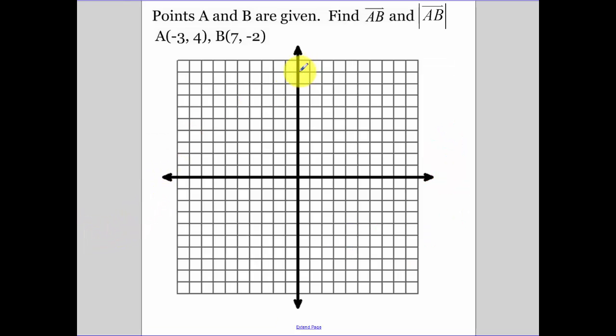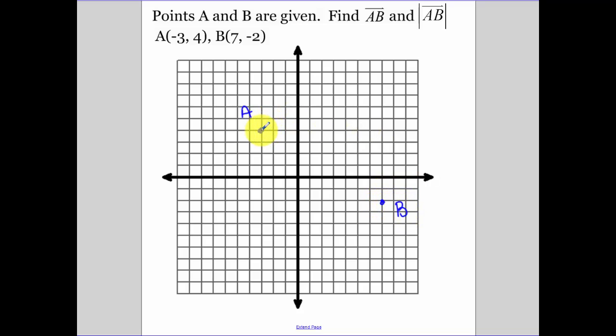So points A and B are given. Find vector AB, and find the magnitude. So point A is (-3, 4). Point B is (7, -2).